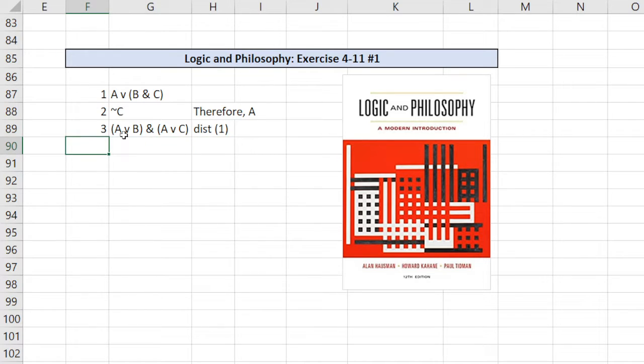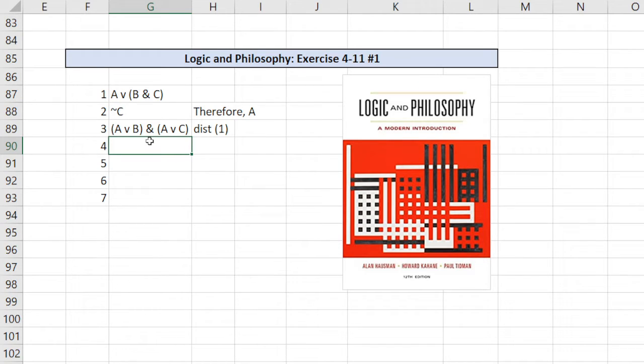We're telling you in that column there how we justify the step. So let's put some steps there. If you have an AND statement, then you can take each piece of the AND statement. So let's take this piece, A or C. The reason I say we should take this is because I see that we have a not C here.